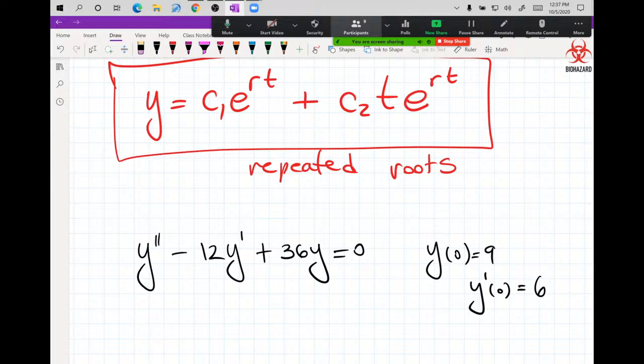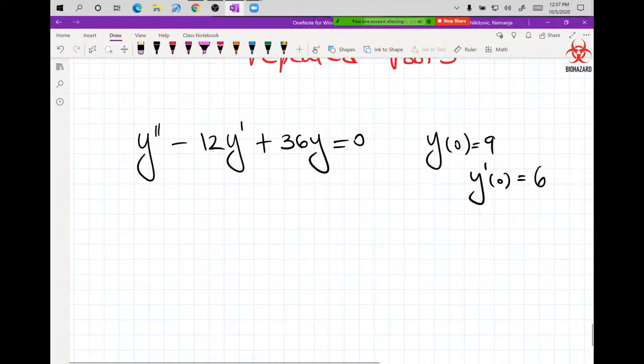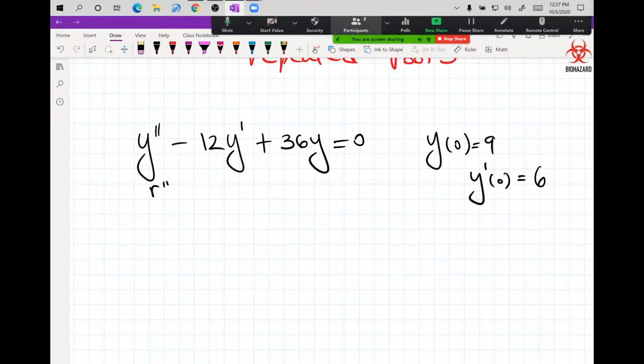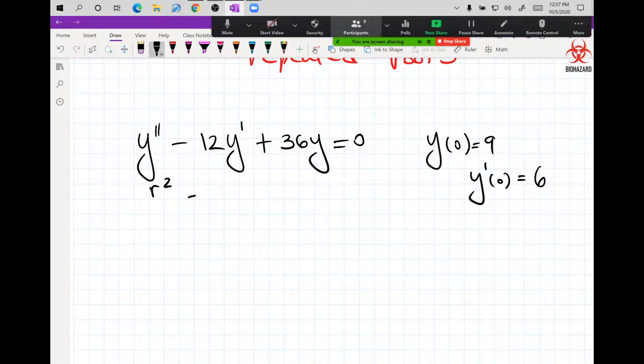Zoom updates and crashes. All right, let's go. We replace the r squared minus 12r plus 36 equals 0.